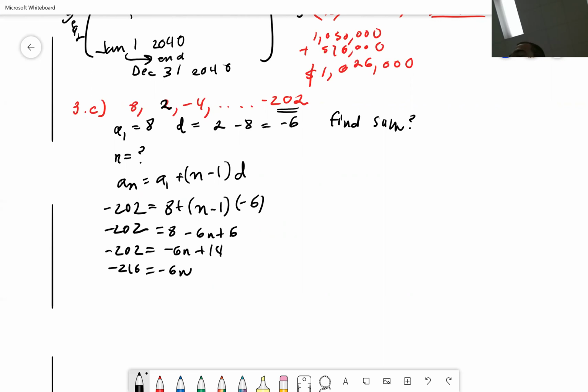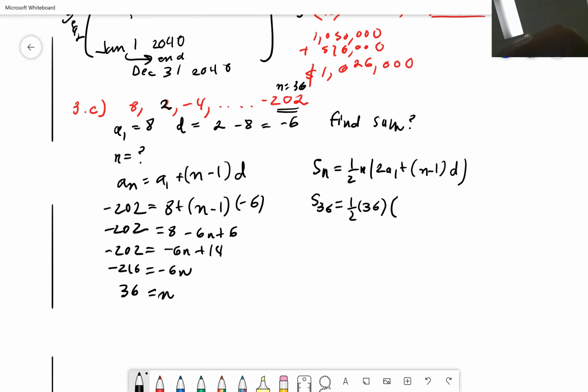So take -216, divide that by -6, and we have n is equal to 36. So we know that the last term happened at 36. So what I'm going to do now is go ahead and do S of n equals half n times twice A's of 1 plus n minus 1 times d. But for S it's 36. S of 36 equals half times 36 times twice times 8 plus 35 times -6. And that's it.